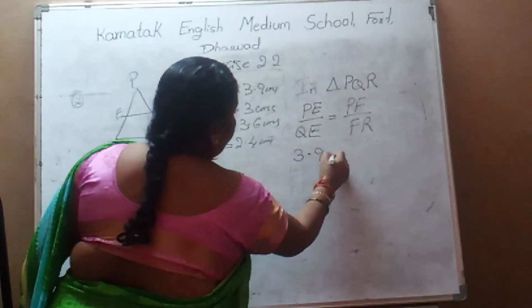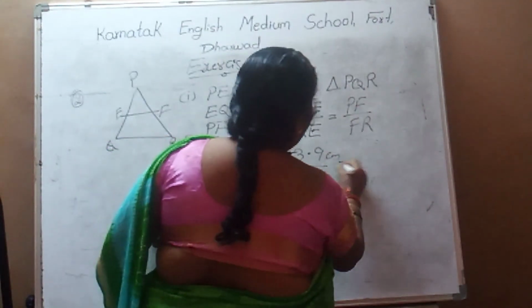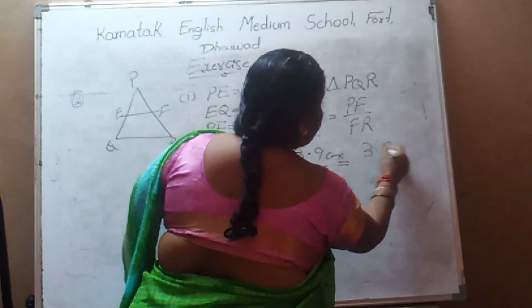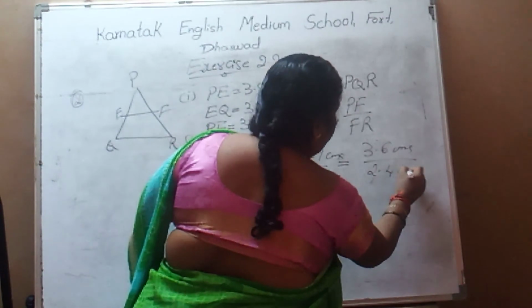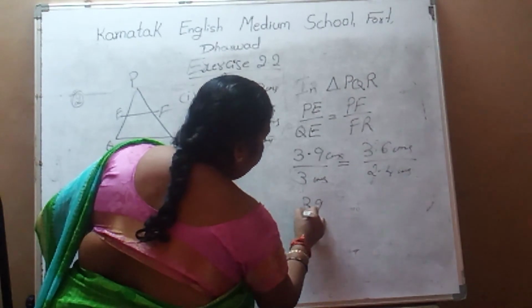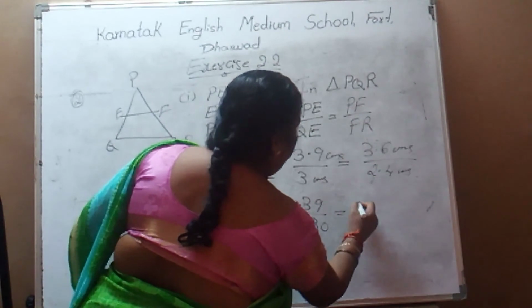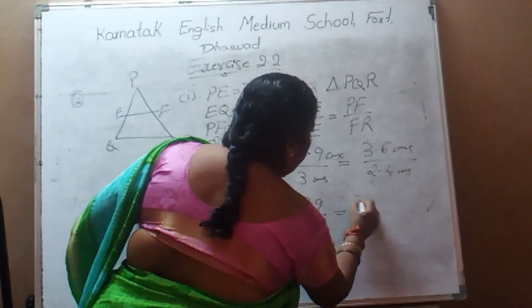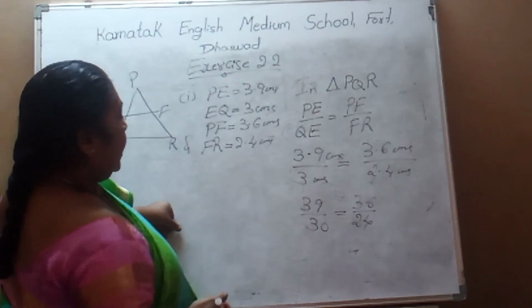This is 3.9 centimeter divided by EQ, 3 centimeter, equals PF, 3.6 centimeter, divided by 2.4 centimeter. You cancel the points. Here 39 divided by 30 equals 36 divided by 24. Both the points get cancelled.